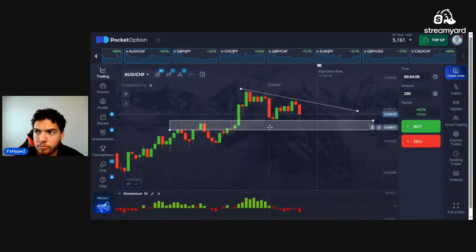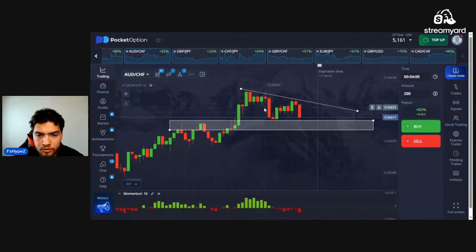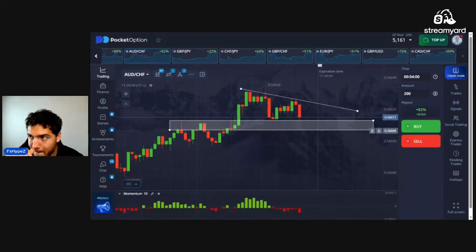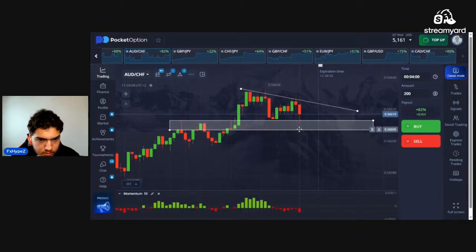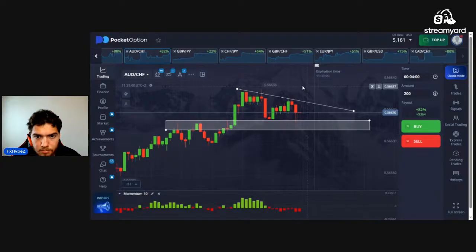So as you guys know, this was resistance, as you can see. Resistance got broken. As you guys know, broken resistance becomes support. Broken support becomes resistance. So we have a support zone down here. If support is broken, I'll probably buzz off.